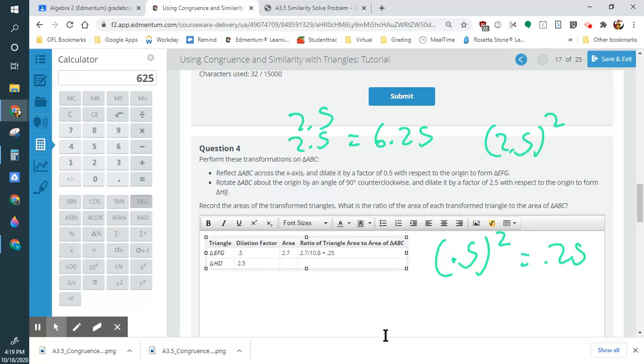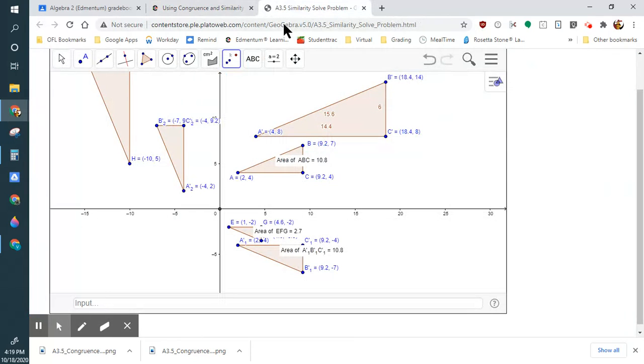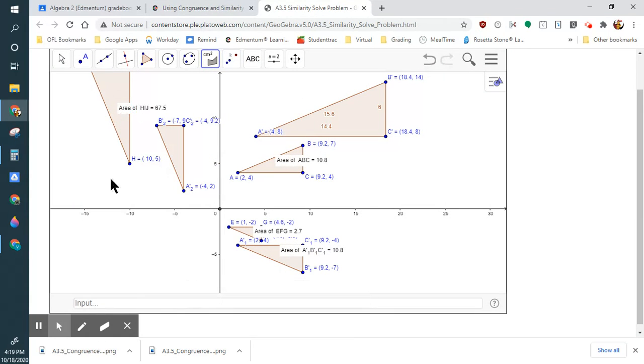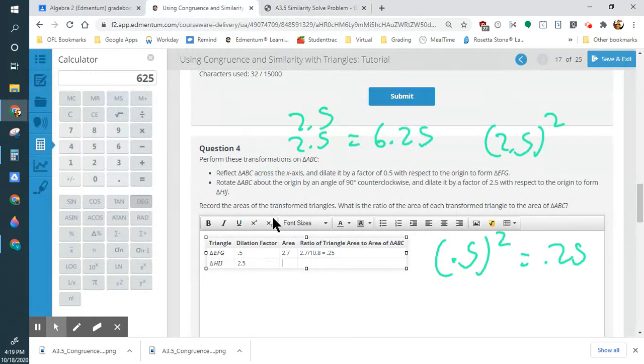Here, I have to take the area. So grab this, measure the area, 67.5. So let's see how right I was, guys. So 67.5 divided by 10.8. It's always new divided by old.